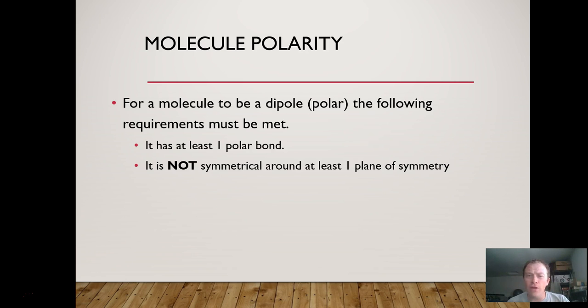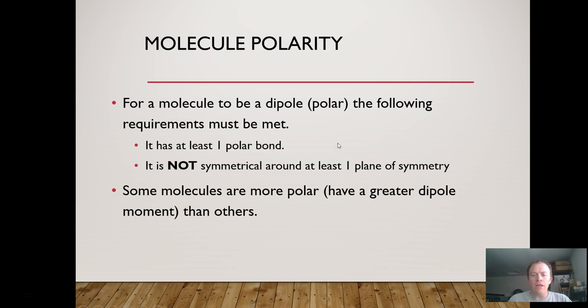Remember, we're talking about molecules that are dipoles, molecules where there's some kind of charge separation, some sort of difference between the sides. So when a molecule is polar, it is caused by a lack of symmetry in terms of how charge is distributed. Again, like we talked about with bond character, there's a continuum here.